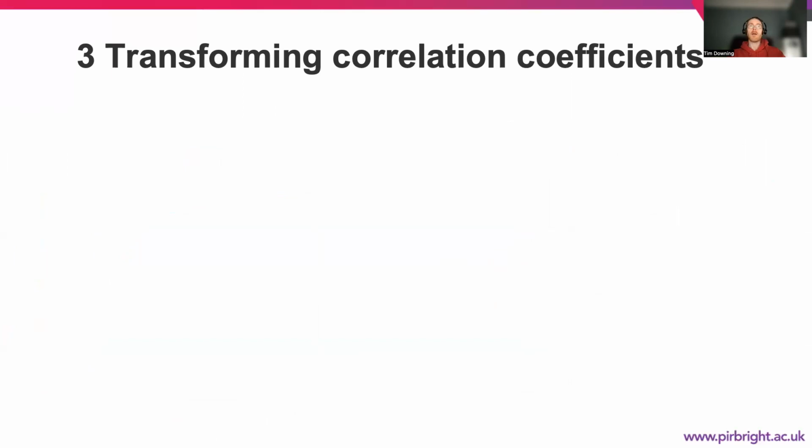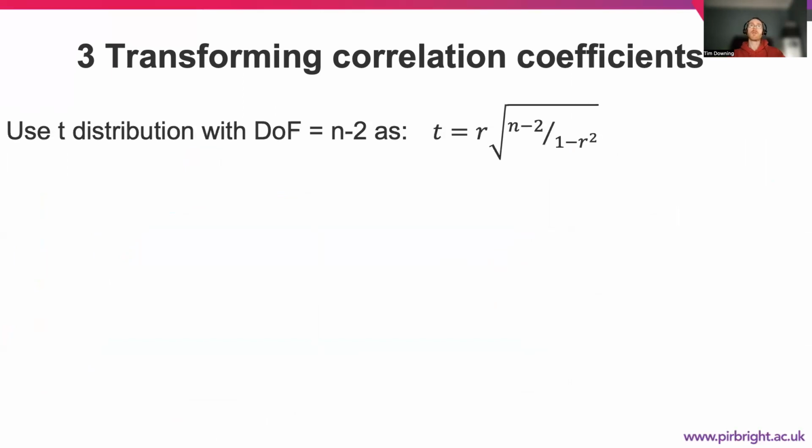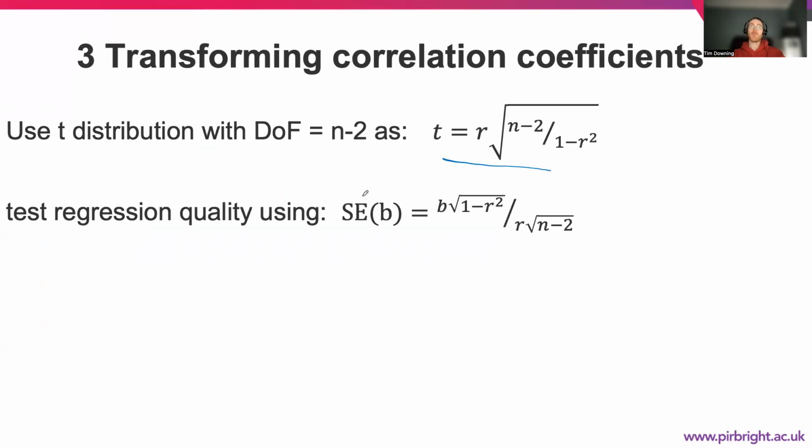We can look further at this transformation in terms of the slope b. We can compute the standard error of slope b using a similar setup, but slightly different, so we're taking on board the value of b as well. We're looking at the formula where y is equal to b times x plus a, the intercept.